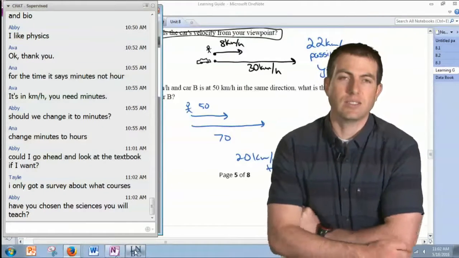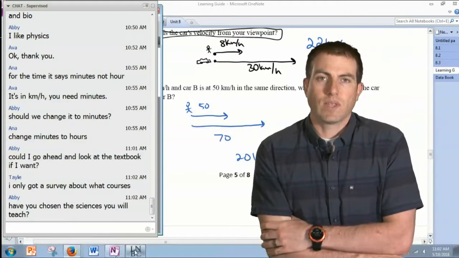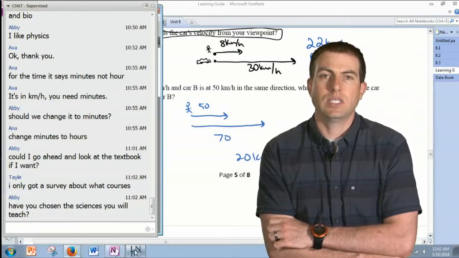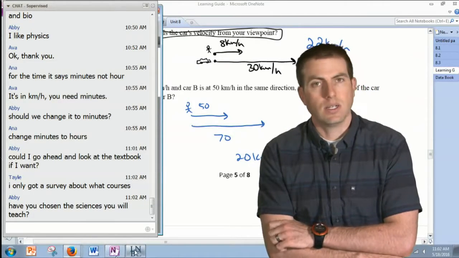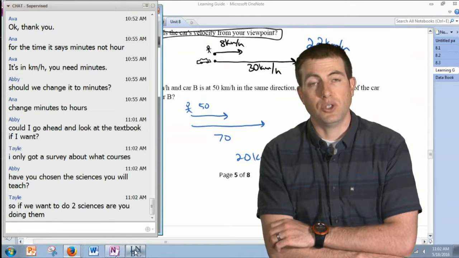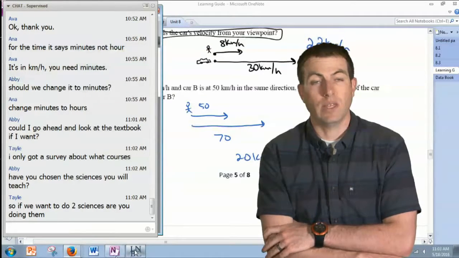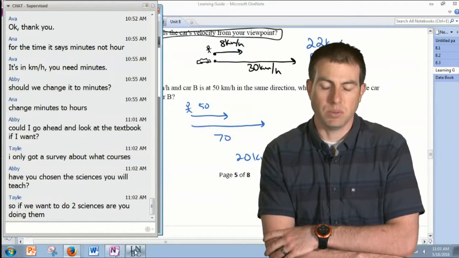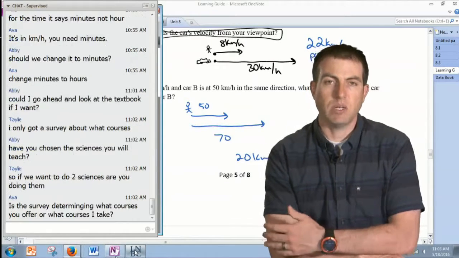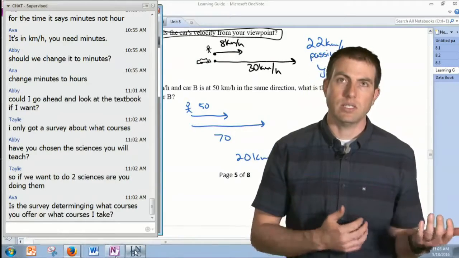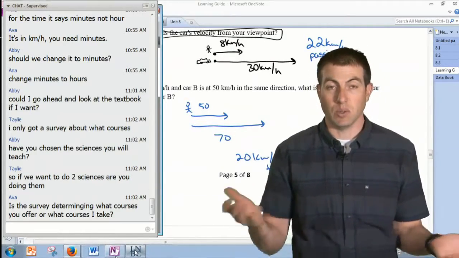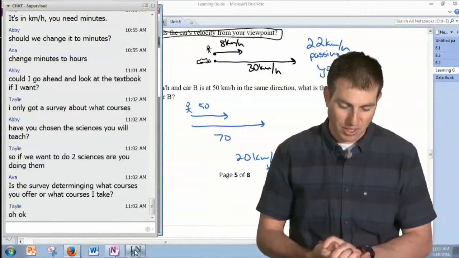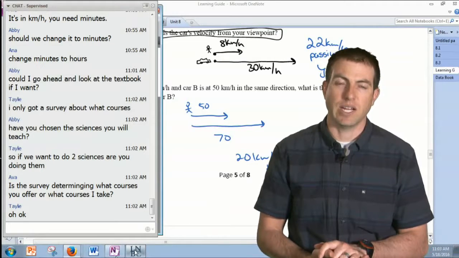Have I chosen the sciences I'm going to teach? No. We are waiting to see which sciences people choose in order to pick one that is going to service the most students, because of the way the timetables and funding work, I can't teach a course with like 2 students in it. I would love to, but it's just not financially viable.